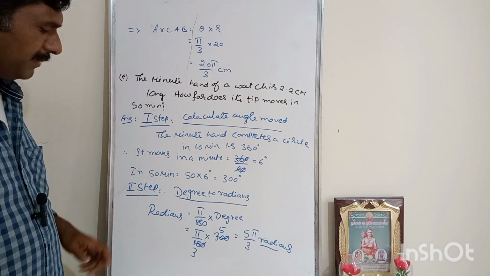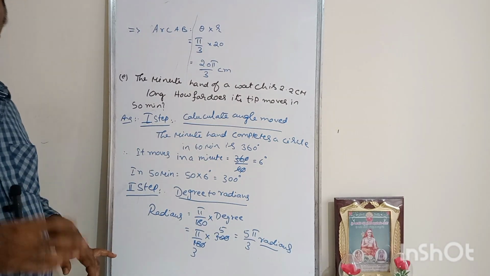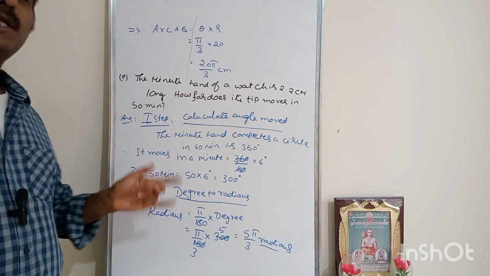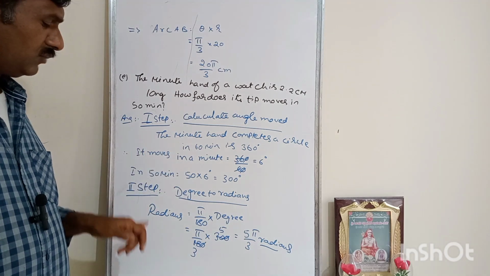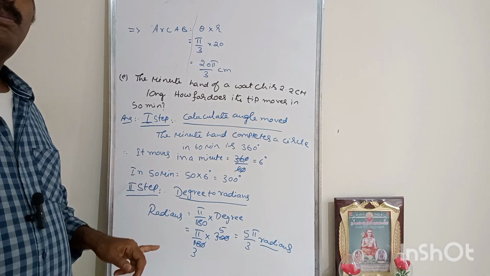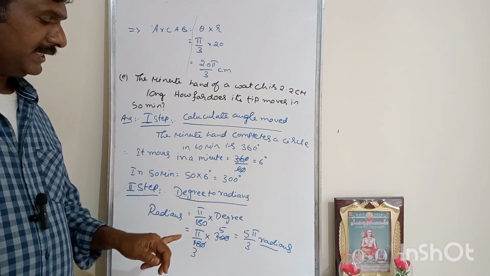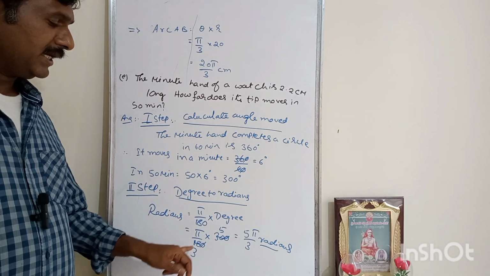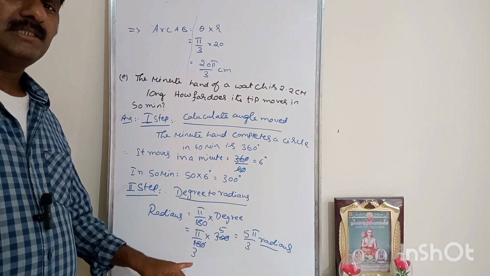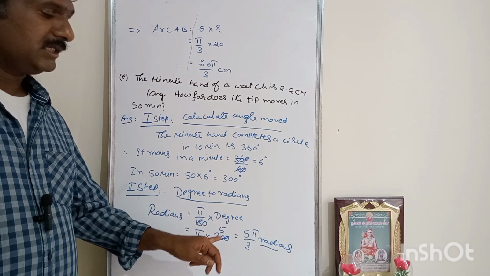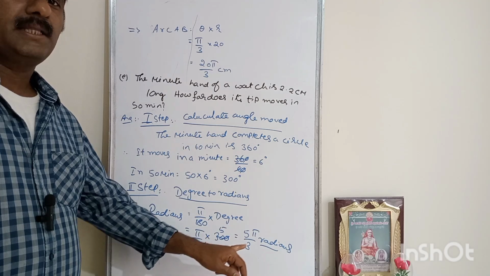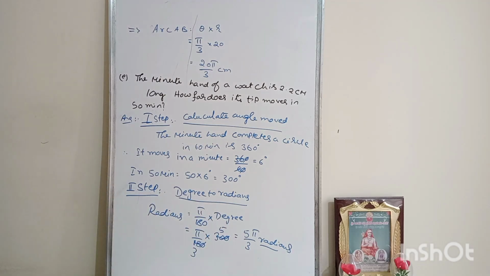In the second step, we have to convert this degree into radians. Radians is equal to pi by 180 into degrees, that is pi by 180 into 300. The zeros get cancelled, 6 3s are 18, 6 5s are 30, that is equal to 5 pi by 3 radians.